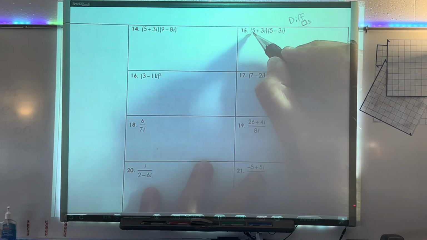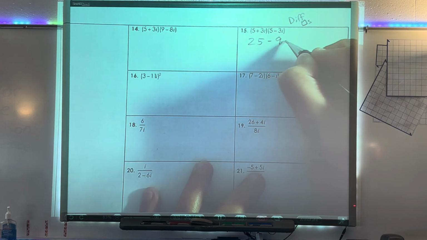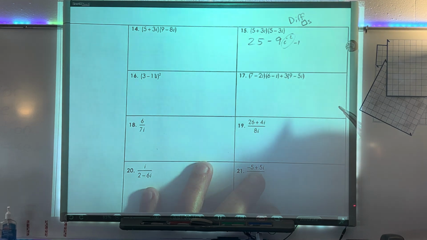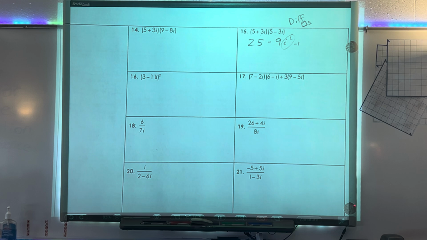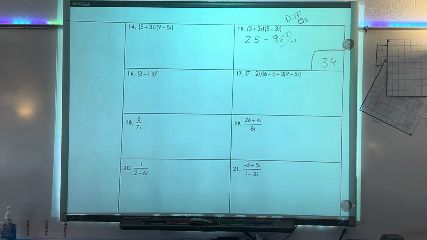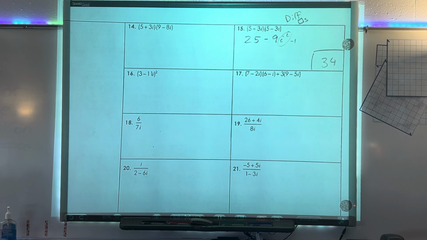Alright, so basically, since the center's going to cancel, I'd have 25 minus 9i squared. i squared becomes a -1. So then -1 times -9 would become +9. So I'd add them together and get a whole number, 34. When you have a difference of squares, a lot of times you'll come out with a whole number. Y'all okay there?